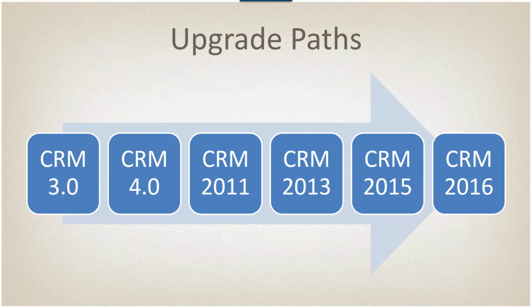If you're starting off at 4.0, you'll probably have to either create a copy of your 4.0 server or just take a backup of the database and move it to the 2011 server, then upgrade that, move that to the 2013 server, to the 2015 server, and finally to the 2016 server. It's a lot of manual labor, but there's really no way around it at this point.